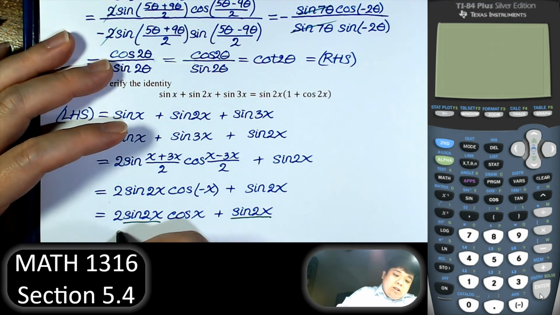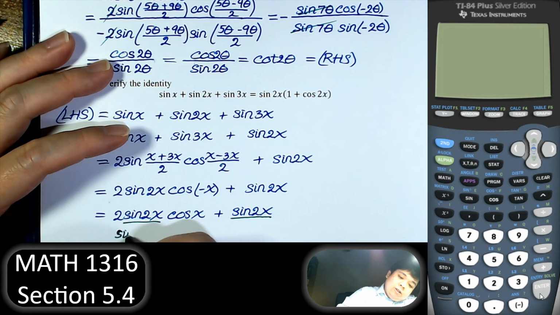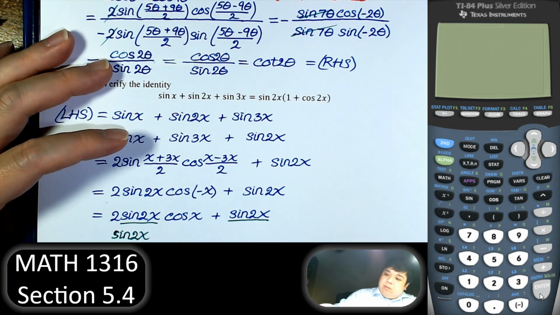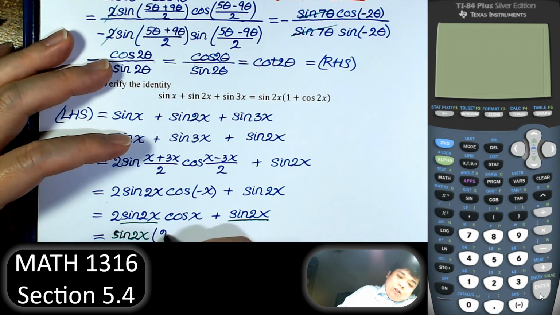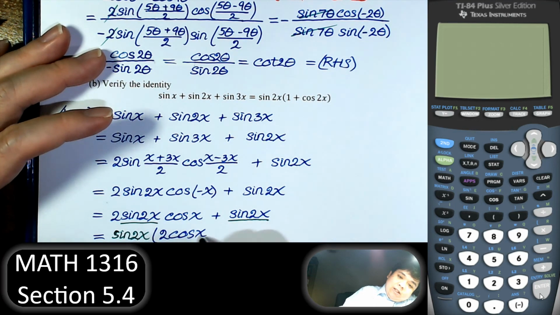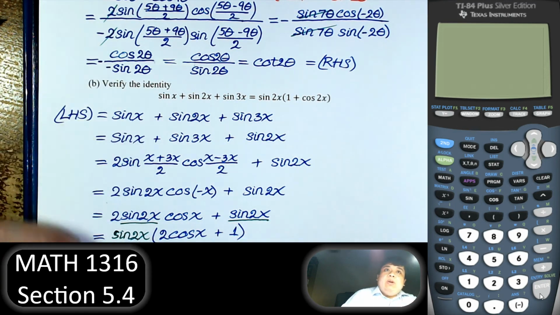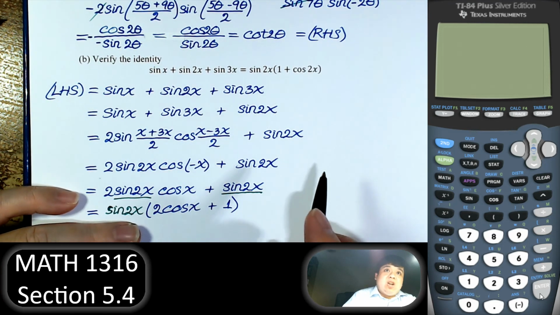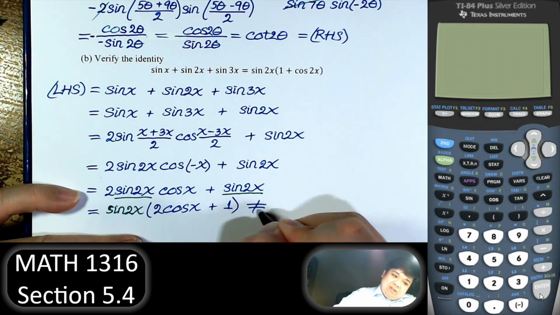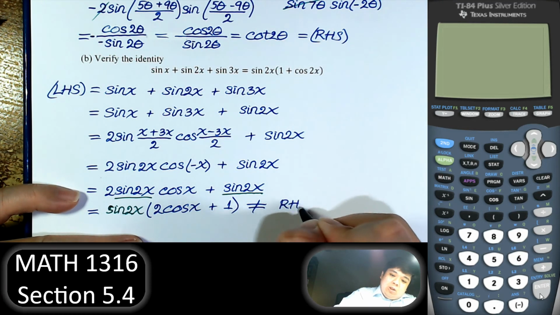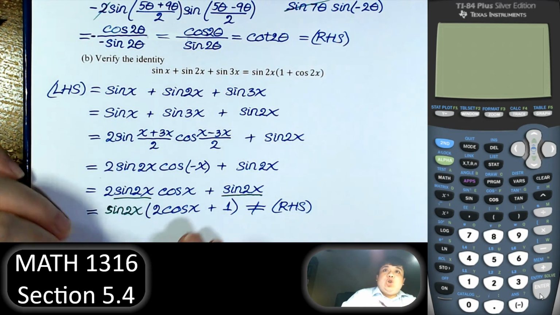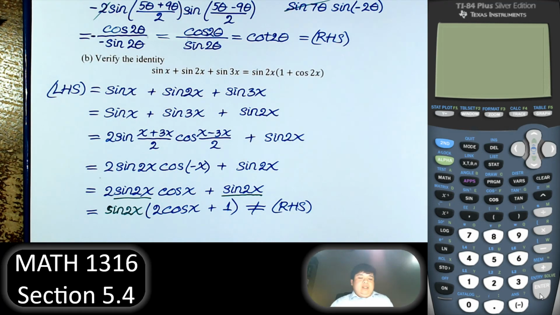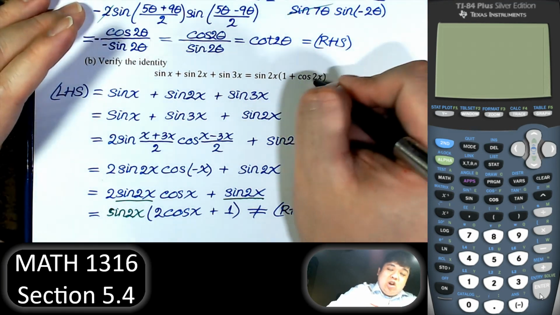We're left with 2 cosine of x plus 1. Now, is that the same as the right hand side? Obviously not. So in this case, this is not true. So there's not an identity. So this one is not true.